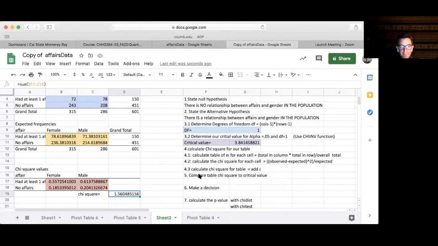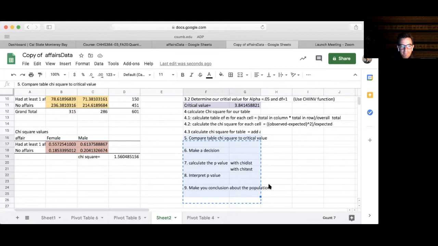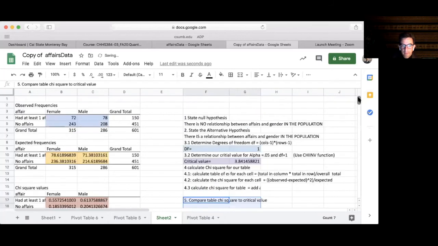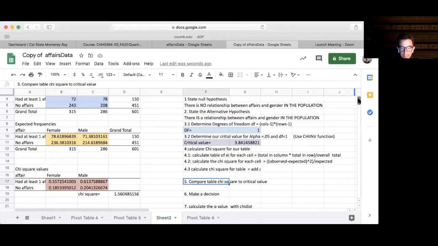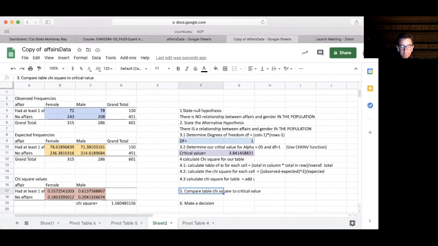1.56. All right. What does that mean? Well, we have to compare our table chi-square with the critical value. The critical value was 3.84, and ours is 1.56. So ours is lower than the critical value, right?